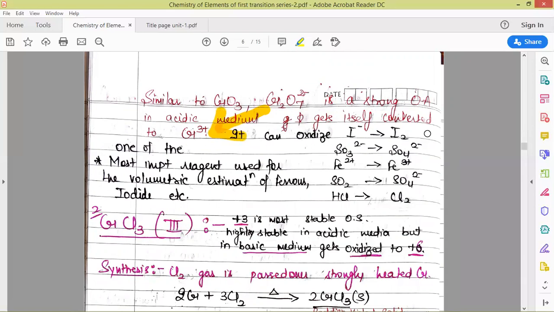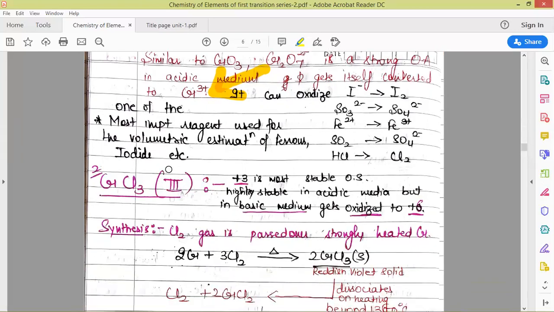So it can oxidize many important reagents: iodide to iodine, sulfite to sulfate, iron 2 to iron 3, SO2 to SO4 2 negative, HCl to Cl2. Potassium dichromate, which we have used in our laboratories, is a very important laboratory reagent in the volumetric estimation of different compounds like ferrous and iodide.